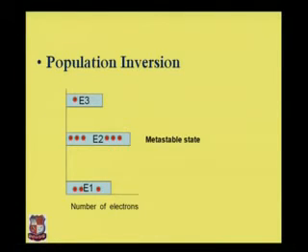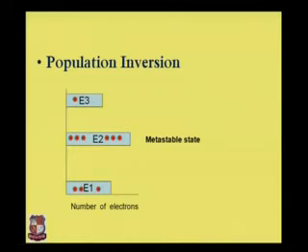In this we can see that we have a mechanism so that we have more electrons in E2 as compared to E1, right? So you have achieved this population inversion. That is, you have more electrons in the excited state as compared to the ground state. Such a situation is known as the inversion. That is, we have inverted the normal condition. So that is known as the population inversion.